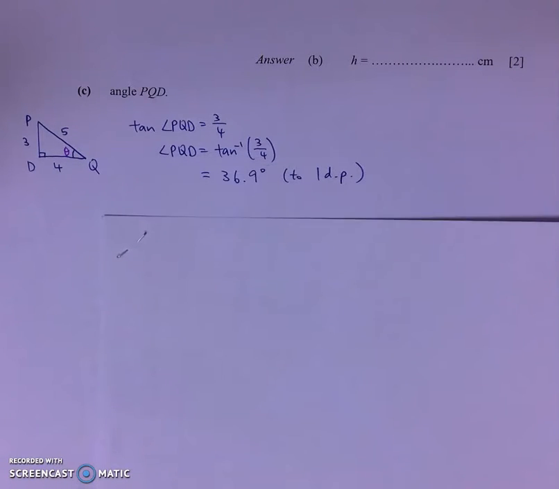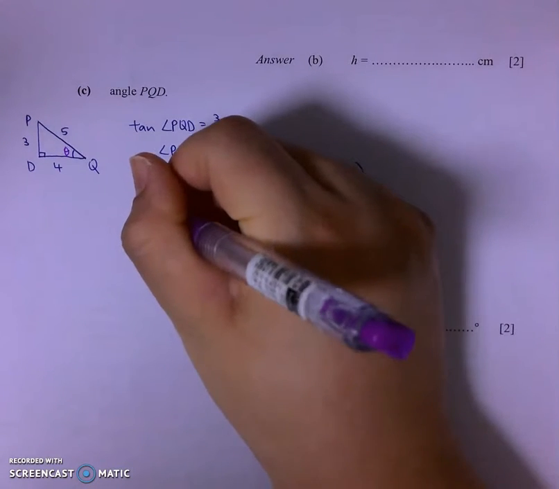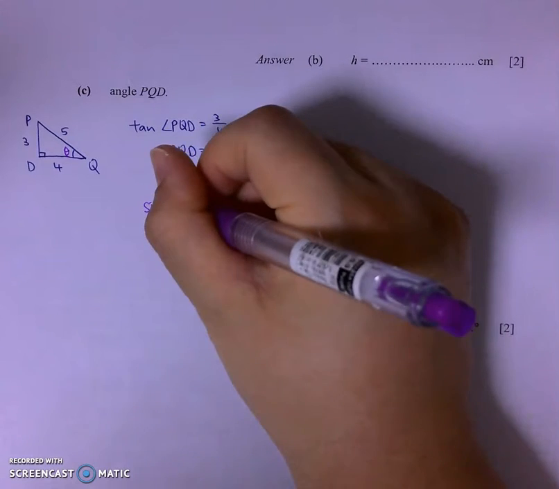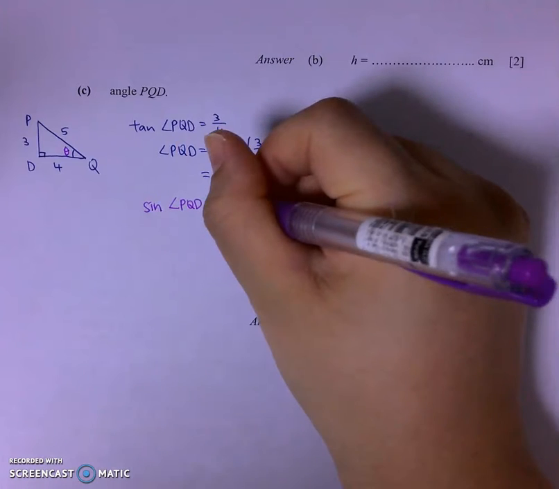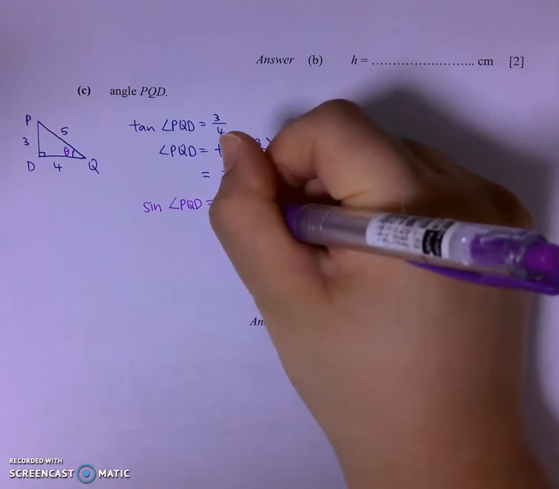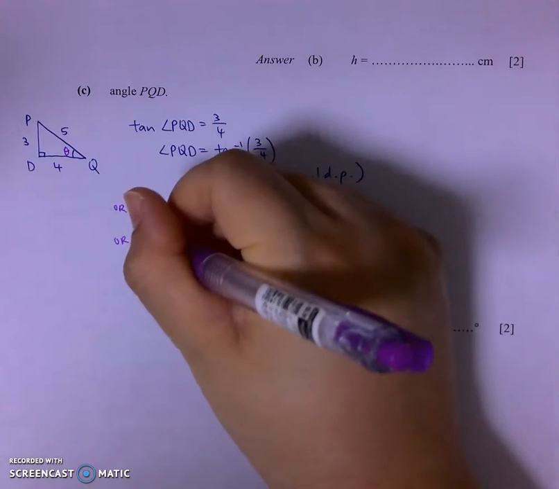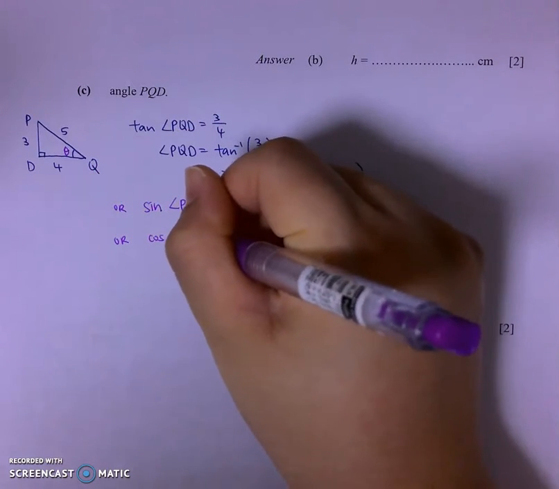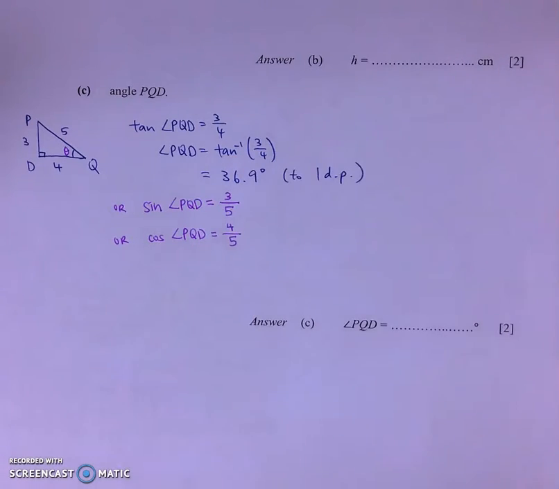So one possible way is for me to use tangent of the angle, and I equate it to opposite over adjacent. You can also choose to use the trigonometric ratio sine of the angle, but I have to now take the opposite over hypotenuse, or you can also use the cosine of the angle, where you have to take adjacent over hypotenuse.